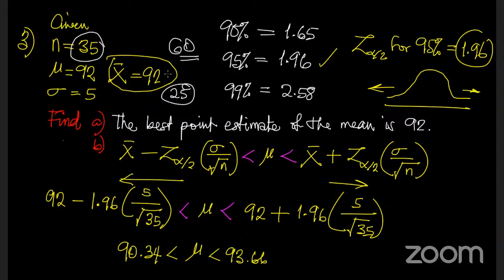This means we're going to have a lot more sample size. So we can explain from the angle that the smaller the n, the wider the interval, and the larger the sample size, the narrower the interval.